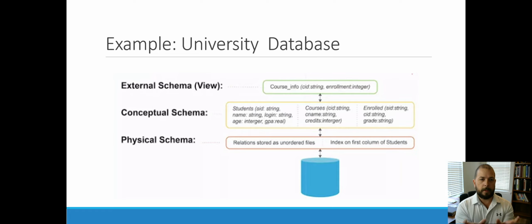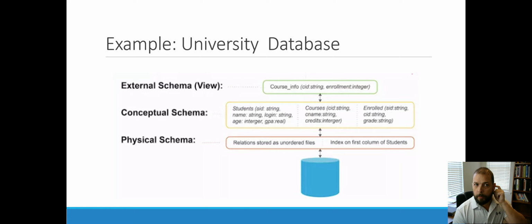So now there's a relationship between students and courses in this enrolled table. And then the grade, which is another attribute within this table. So you now see that the indexing in the physical schema is a relationship between the students and the course information that we have there.